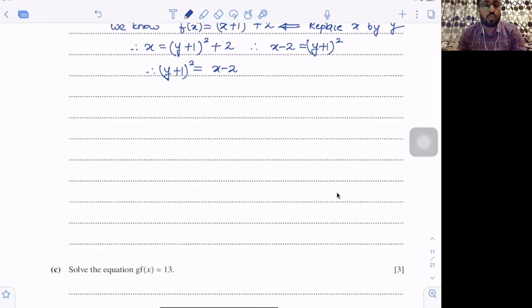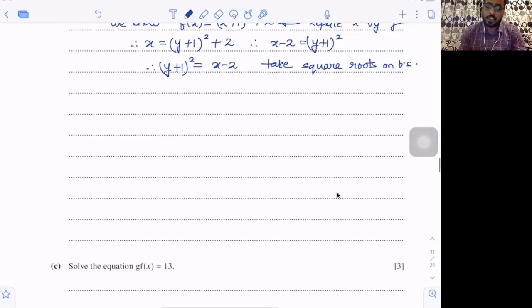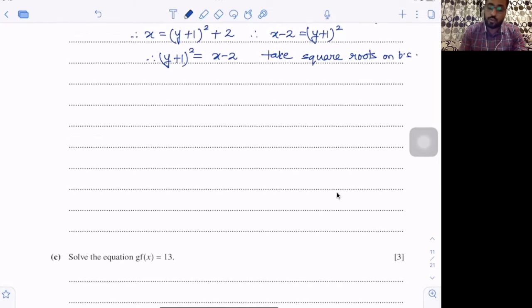Okay. Now, if you do square roots on both the sides, you got to be very careful. y plus 1 the whole square is x minus 2. You are trying to get the value of y. So you want to take square roots. So let's take square roots on both sides. So now when you take square root, students, you get y plus 1 is equal to, be very careful, it's going to be plus and minus root of x minus 2.